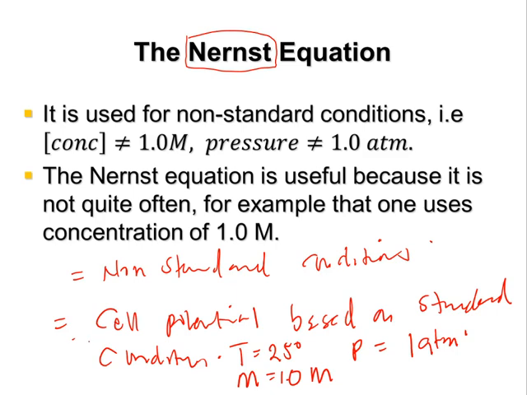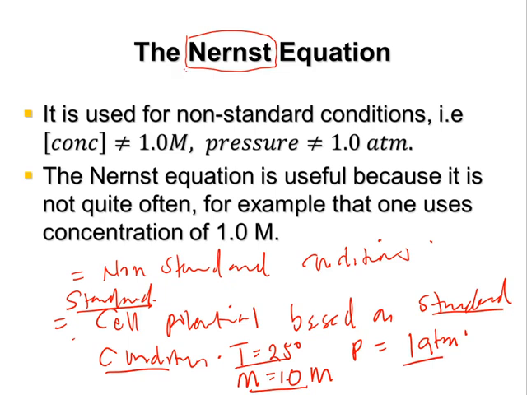So when we're talking about the standard cell potential, it was carried out under standard conditions, which is 25 degrees temperature, 1 molar concentration, and 1 atmosphere.